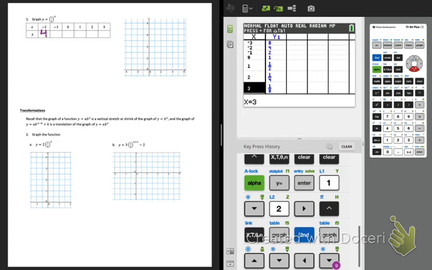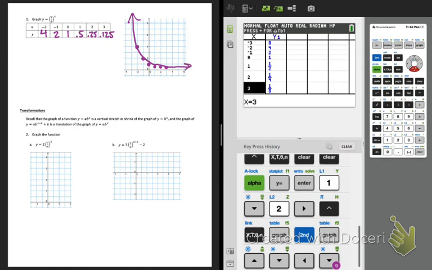So -2, 4; -1, 2; 0, 1; 1, 1/2; 2, 1/4; 3, 1/8. So again, I'm just quickly converting those to decimals because they tend to be easier to plot. So we'll plot our points, and we have our graph.